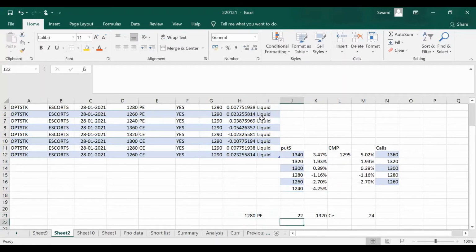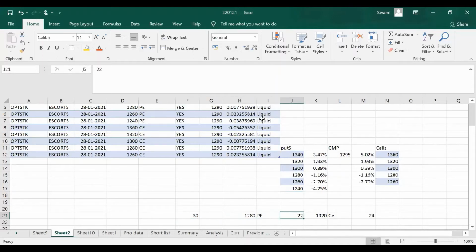So my plan of action on Monday would be to look into the CE and PE if it crosses 30. Why 30? Because it's already on the downside, and I need more momentum.